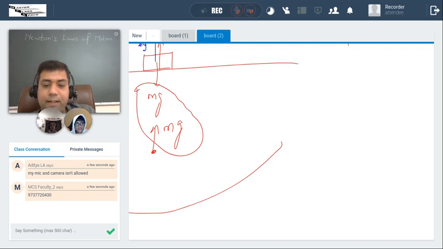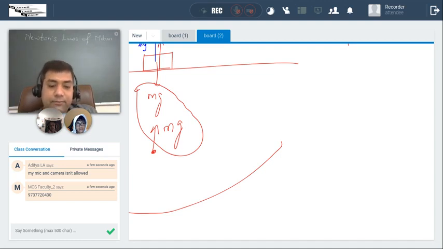Both are correct basically. mg is acted by Earth on the body, and so the reaction pair is going to be the body attracting the Earth by an equal and opposite force, which is mg only. Equal but opposite in direction. So Earth is attracting the body by mg, so the body will also be attracting Earth by mg, but opposite in direction and equal in magnitude. So isn't the thing I drew also correct?